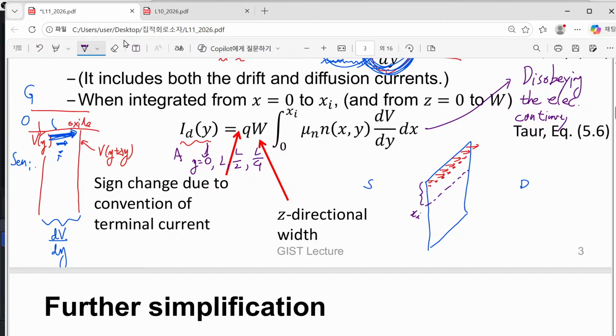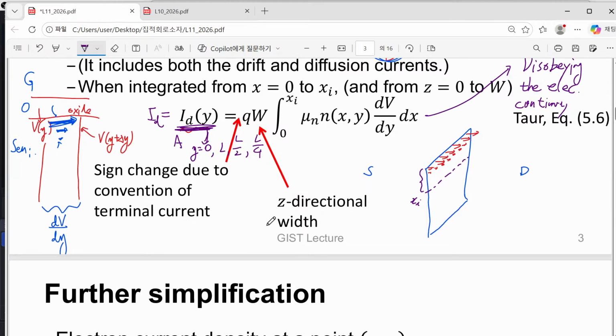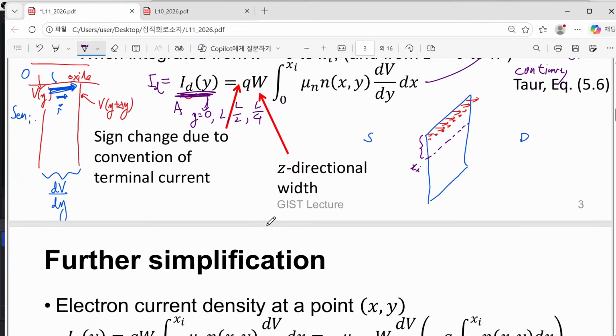So now the simple answer is, although that is in general a function of y, it should actually be just ID, a constant. So that is our great simplification. If this ID is really a constant, then let me do a real simple one.